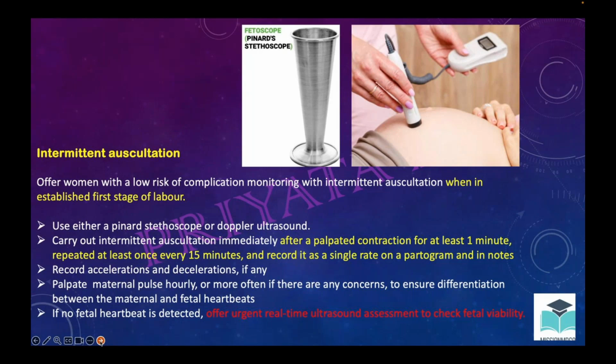After palpating a contraction, intermittent auscultation is carried out after a contraction for at least 1 minute, and it is repeated every 15 minutes in the first stage of labor, and it is recorded as a single rate in the partogram or labor care guide.